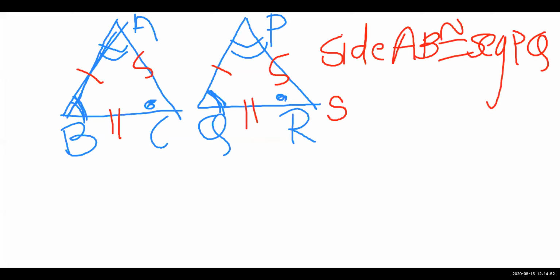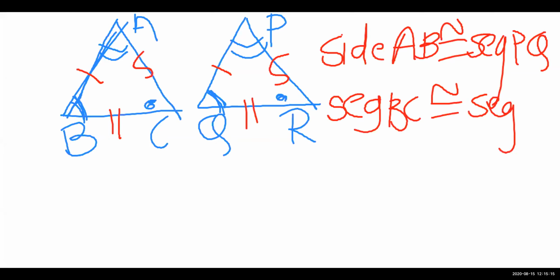Segment BC is congruent to QR. BC, not QE, it is R. So segment BC is congruent to segment QR.